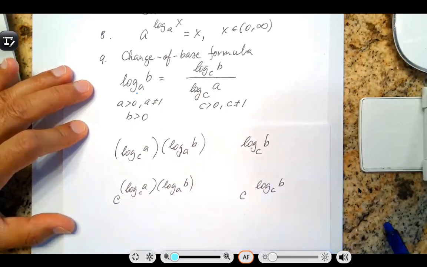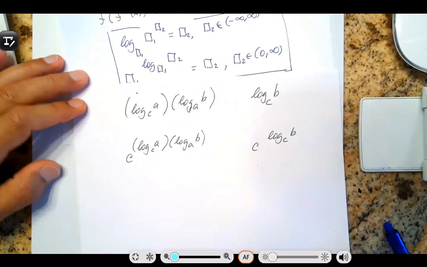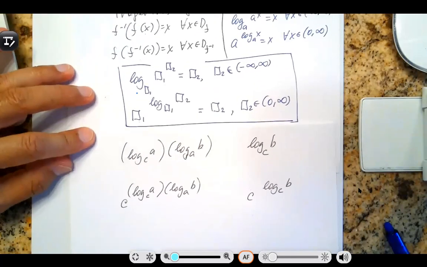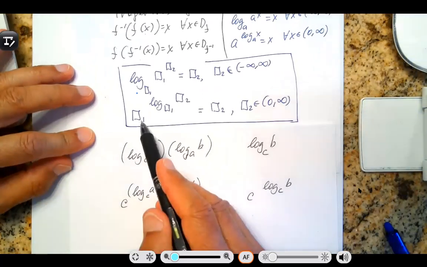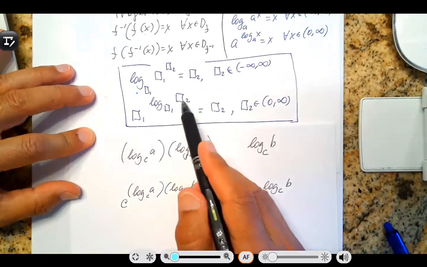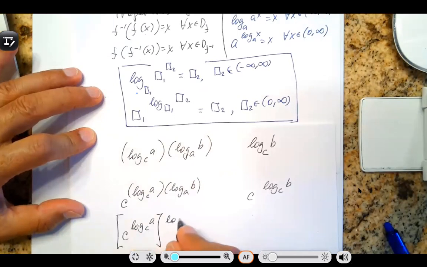I told you how to memorize logarithm properties. C goes into box 1, so this is C and C, and A goes into box 2, so here we get C to the power logarithm A base C, then raised to the power logarithm B base C.